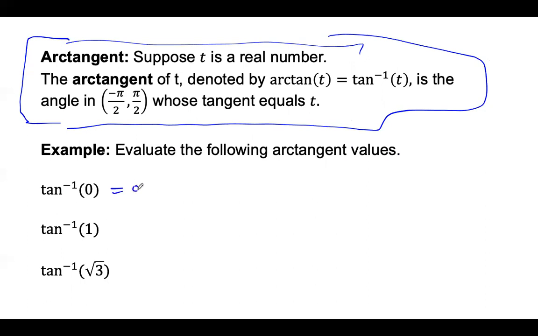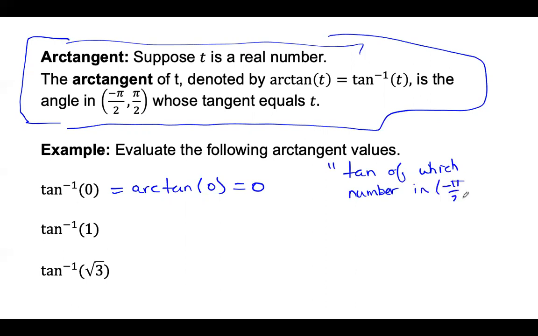So the arctan of 0 is obviously going to be equal to 0. And I'll make a little note, because we're looking for the tan of which number in negative pi divided by 2 to pi divided by 2 is 0.